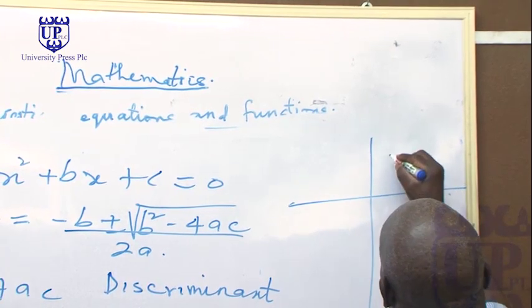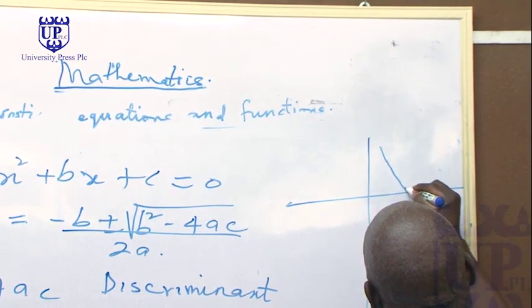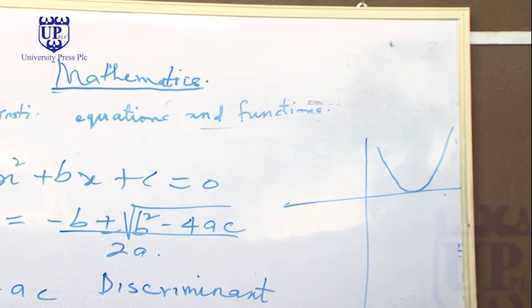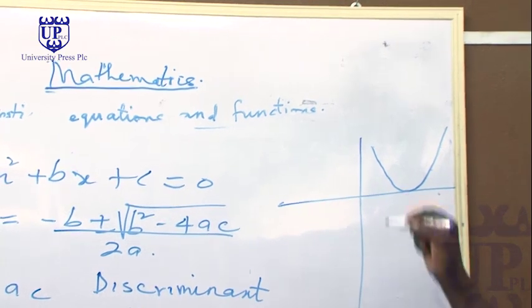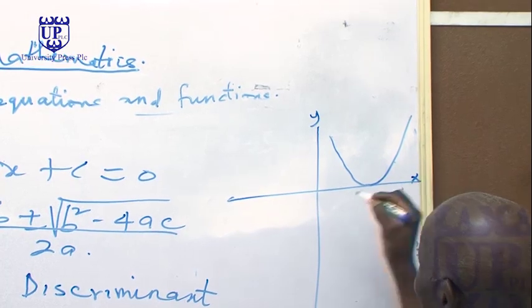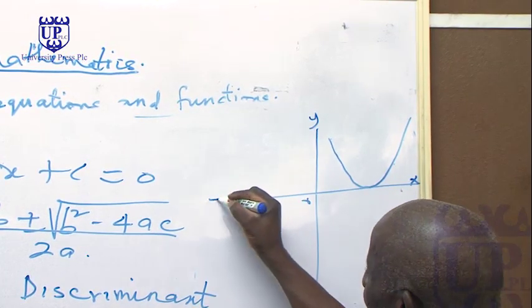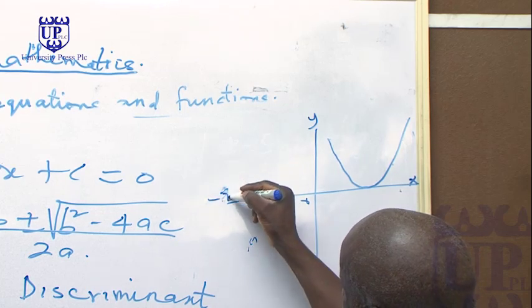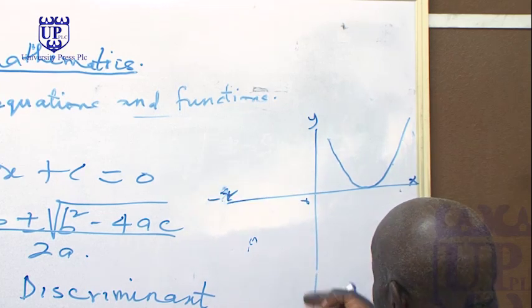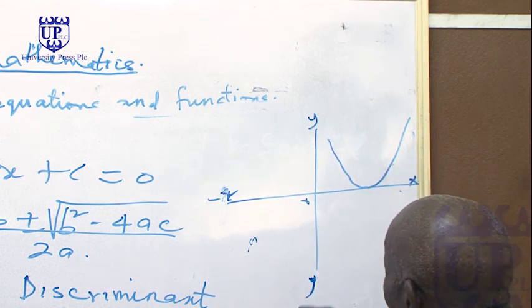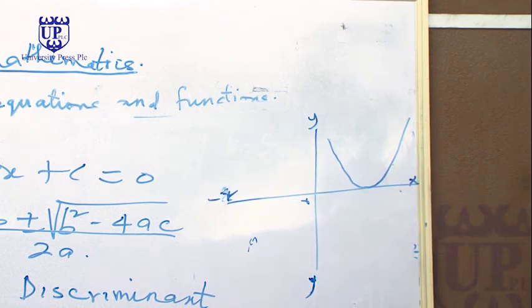When you have a graph that looks like this, with the y-axis here, the x-axis, the origin, the negative x-axis, and the negative y-axis, when it looks like this, you have real and equal roots.